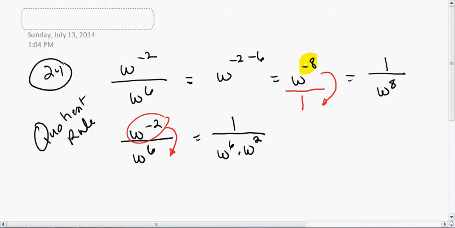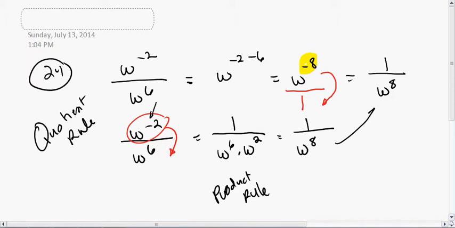Remember, when you move that variable over, you're changing whatever the sign is. In this case, it's negative, changing it to positive. So now I'll use my product rule. We've got 1 over w to the 6 times w squared, which is really w to the 6 plus 2, or w to the 8th. And look, we've got the same answer. Thinking about it two different ways.